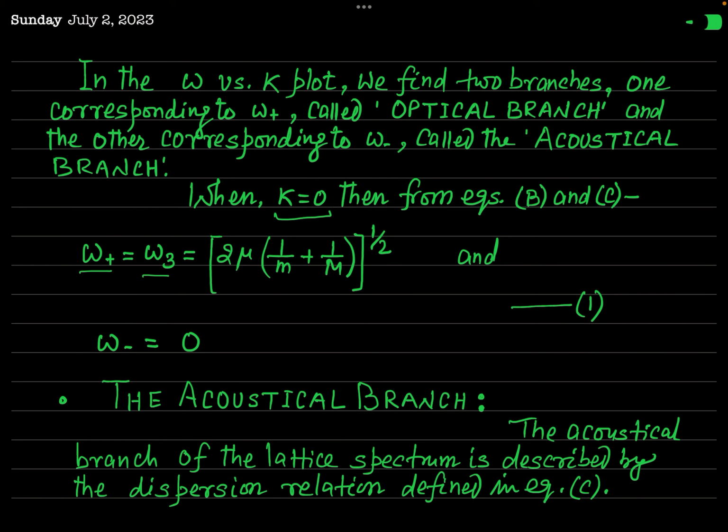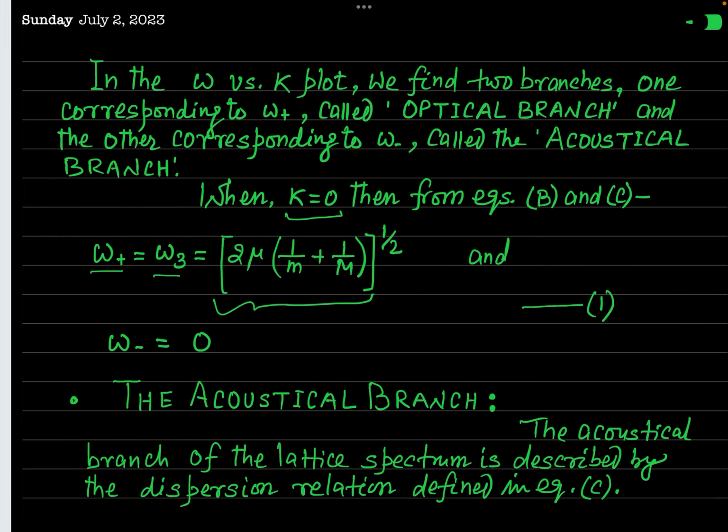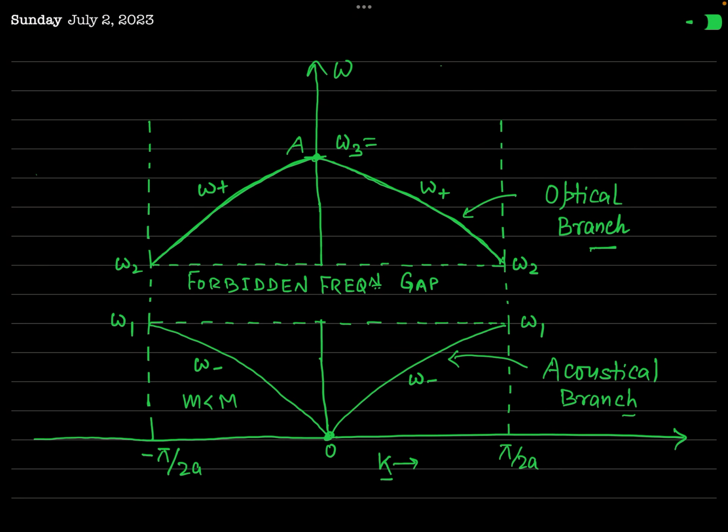You can see this is found to be 2 mu times (1/m + 1/M) whole square root. So you can mention it here. This is the square root of 2 mu times (1/m + 1/M), that is, to the power half, so this is the value of omega plus when k is equal to 0.